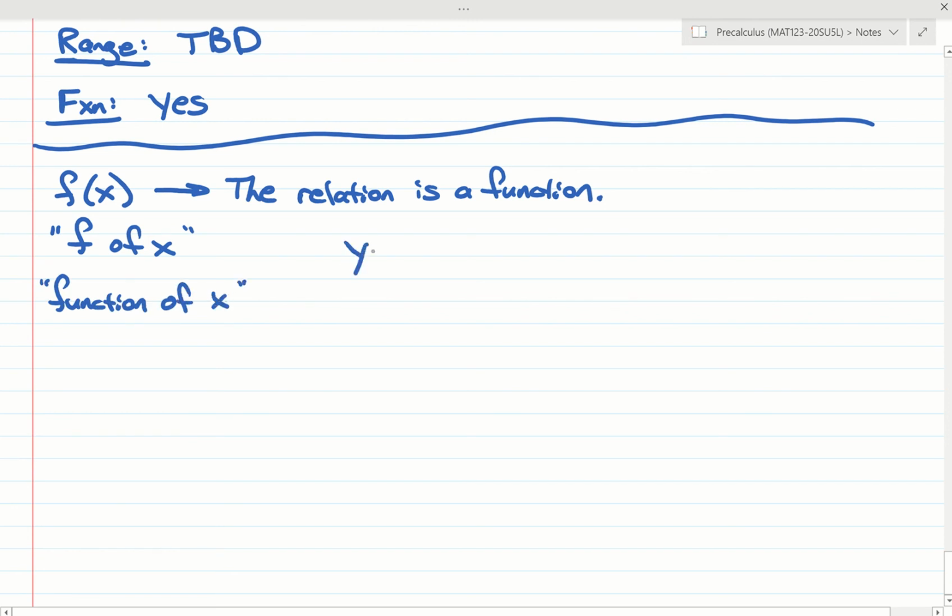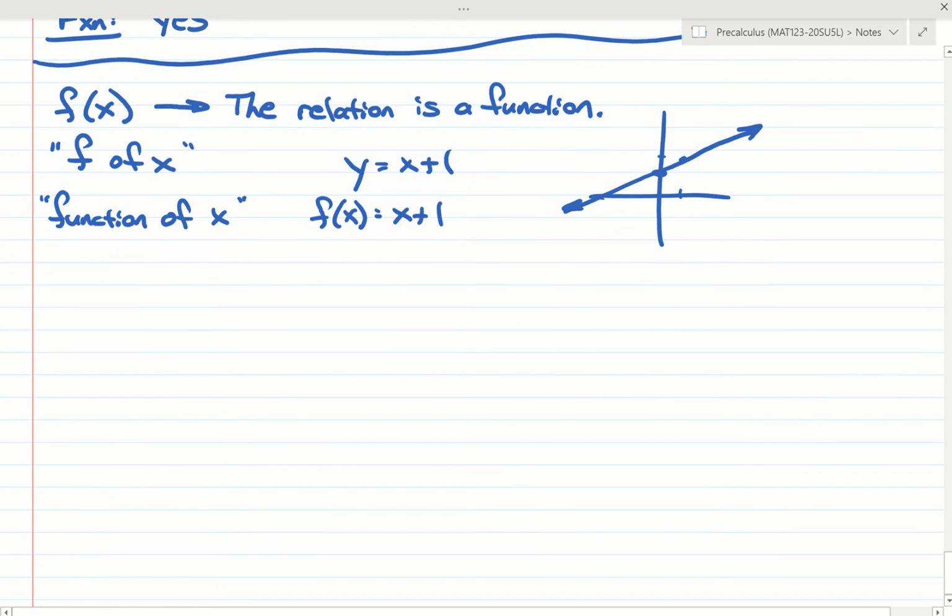So instead of saying like y is equal to x plus 1, which is a line, y-intercept is 1, slope is 1, up 1 over 1. It's a function, right? So let's just say f of x. If you say f of x, that's telling the interpreter or the reader that you know that it's a function.